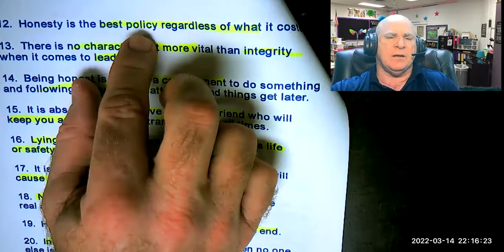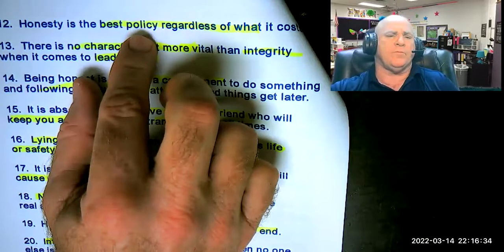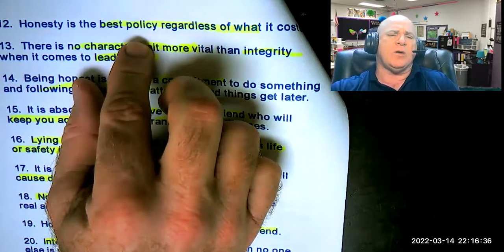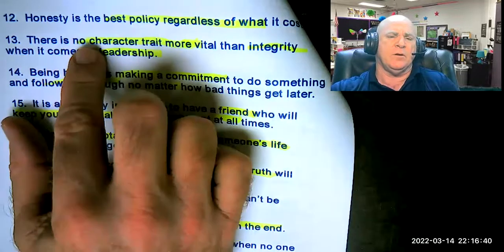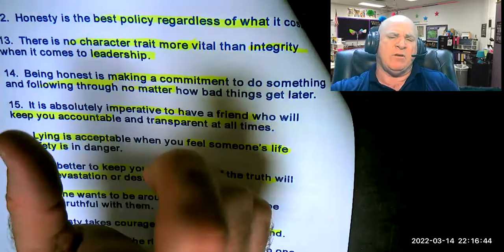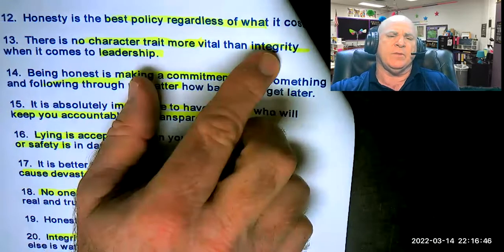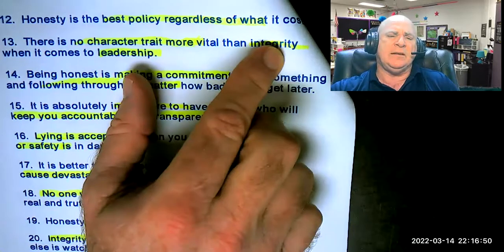the best way of doing things as a company, as a school, as a corporation, a friendship, a group, a committee. There is no character trait more vital than integrity when it comes to leadership. Okay. So instead of using the word honesty, we rephrase and use integrity, calling it a character trait, and that it's vital for leadership.